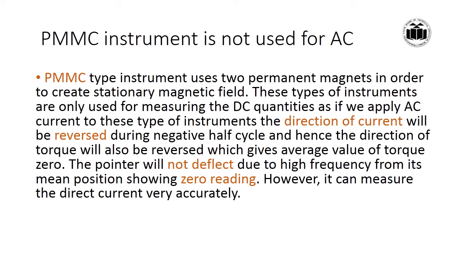These types of instruments are used only for measuring DC quantities, as if we apply AC current to this type of instrument, the direction of current will be reversed during the negative half cycle, and hence the direction of torque will also be reversed, which gives an average value of the torque of 0. Therefore, the pointer will not deflect due to high frequency from its mean position, showing 0 reading. However, it can measure direct current very accurately.